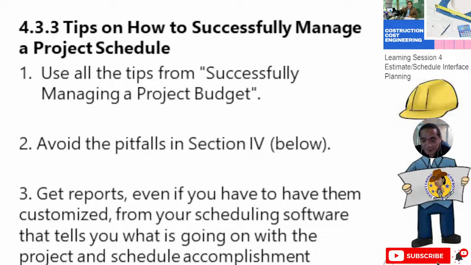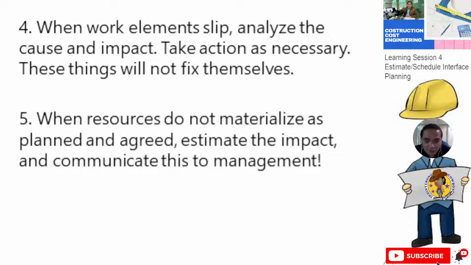Then get reports, even if you have them customized from your scheduling software, that tell you what is going on with the project and schedule accomplishment. Number four, when work elements slip, analyze the cause and impact. Then you have to take action as necessary. These things will not fix themselves.